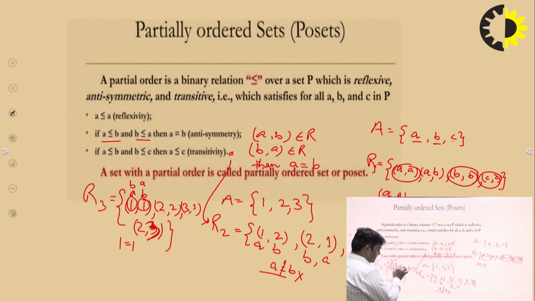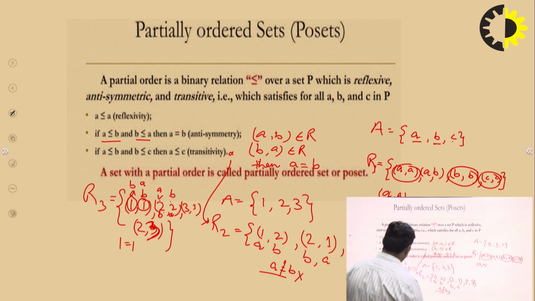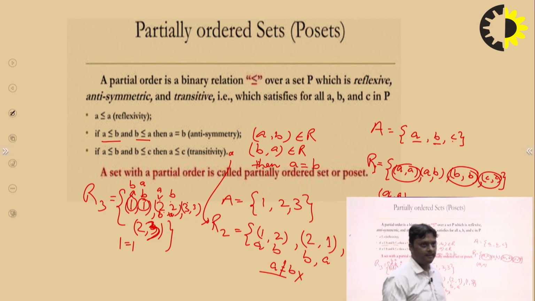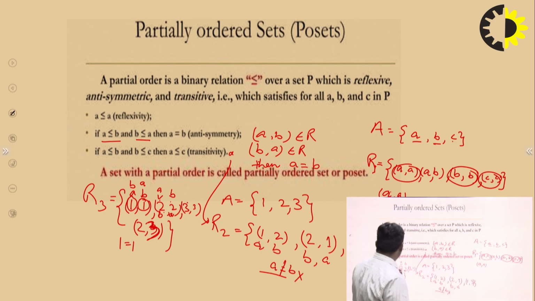In this, first we consider A and this one is B. Next we consider it as B and as A. So both are equal. Same for 3 and 3. Then the relation should be antisymmetric.